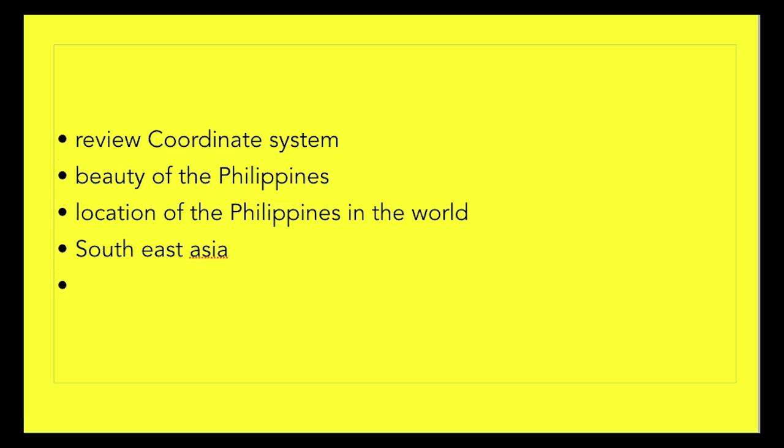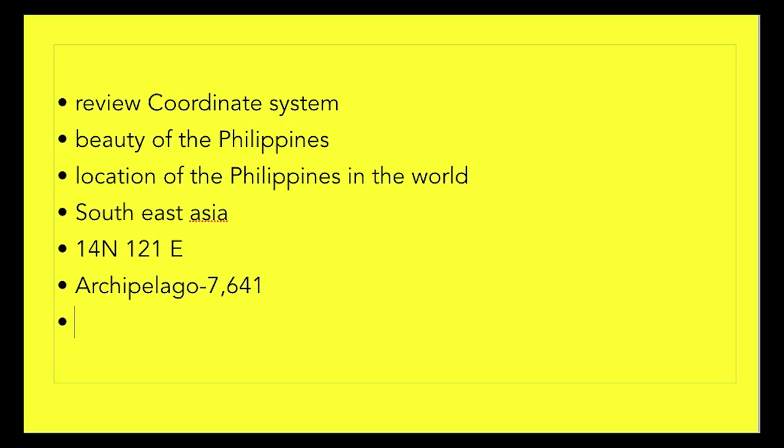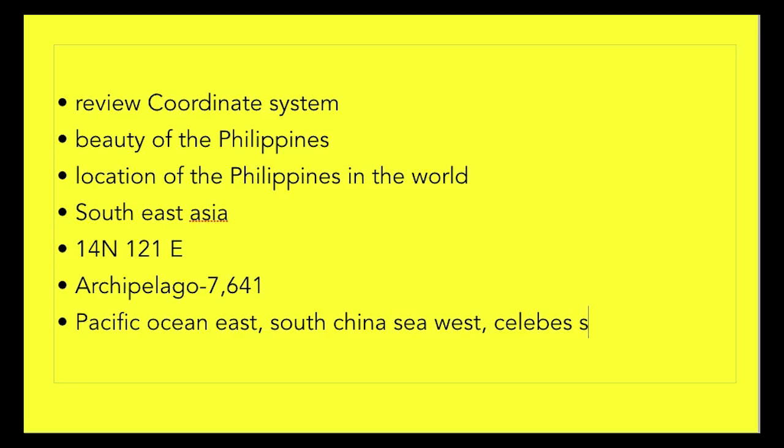Southeast Asia. We also knew the longitude and the latitude of the Philippines, approximately 14 degrees north and 121 degrees east. And we also got to know that the Philippines is an archipelago, a group of islands having 7,641 islands as of 2018. It has the Pacific Ocean to the east, the South China Sea to the west and to the north, and to the south it has the Celebes Sea.